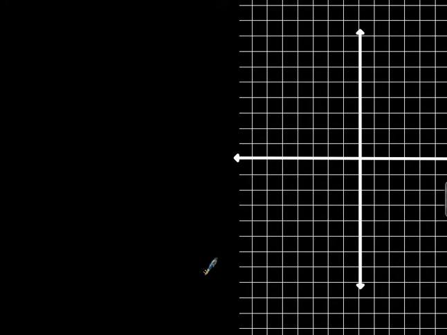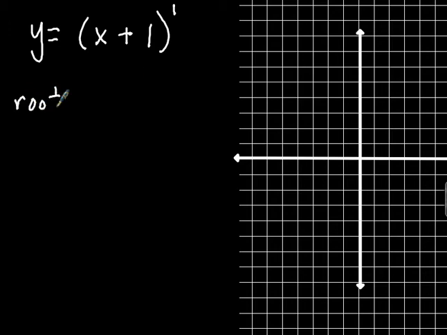I have this graph here. Whenever I'm given a function, and I'll do this polynomial here, x plus, well, let's say 1, and we raise it to the 1 power. Any polynomial that's raised to the 1 power like this, anytime there's a root, and I'm going to write the word root, I could also write the word zero.